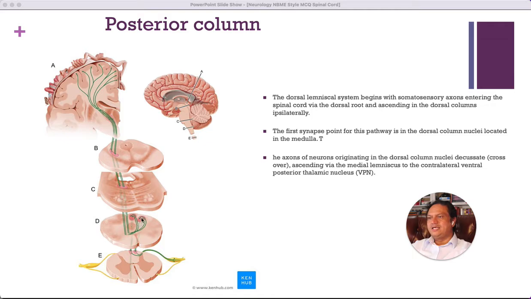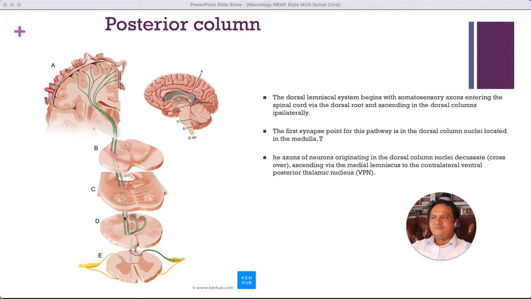They go on and make the first synapse in the dorsal column nuclei, which is in the medulla, right at the upper end of the spinal cord. After the first synapse, that's where the decussation happens, in the lower part of the medulla, and then it ascends contralaterally.